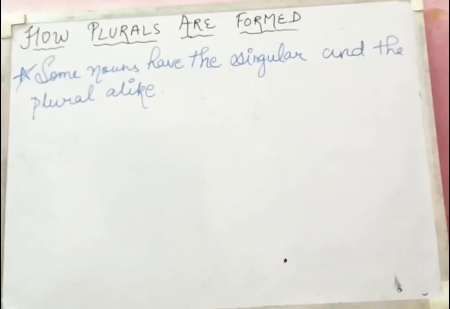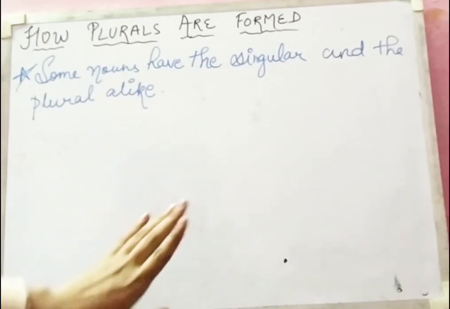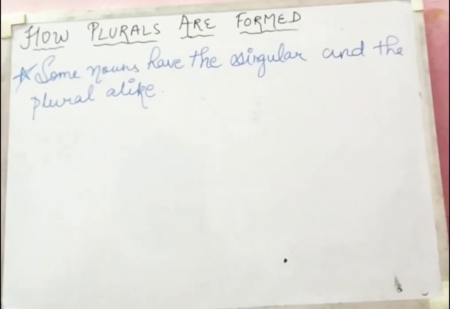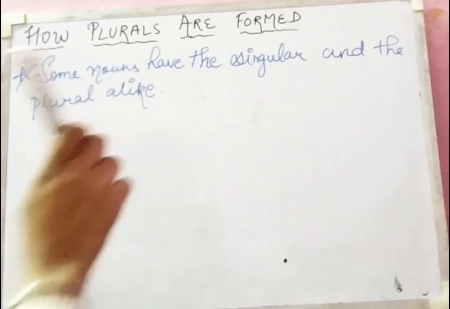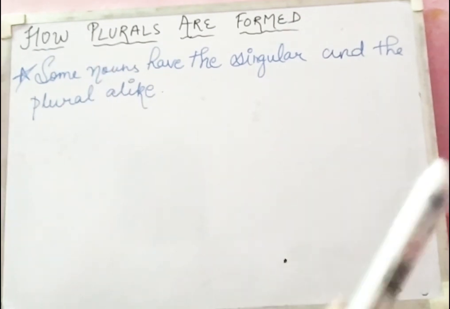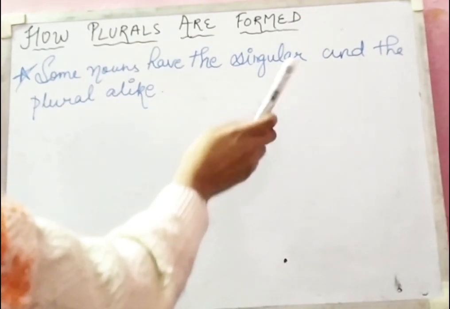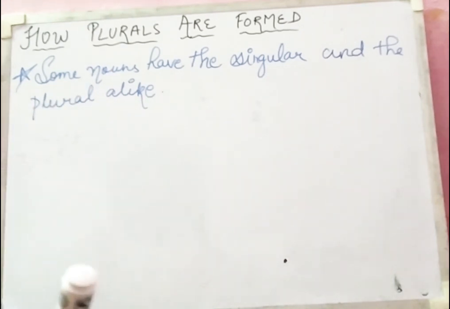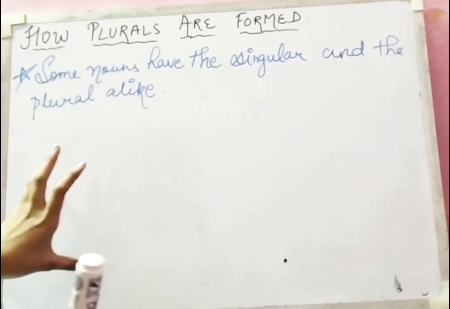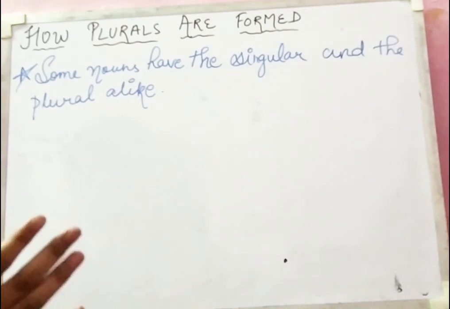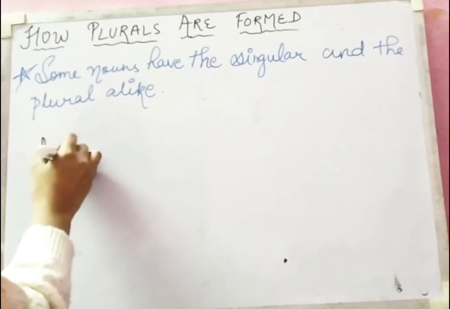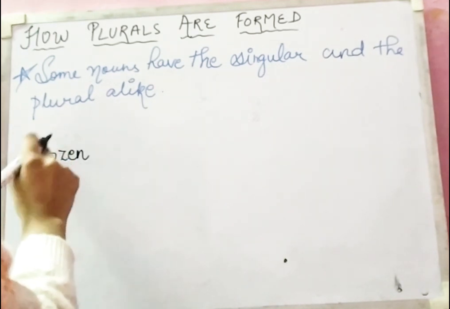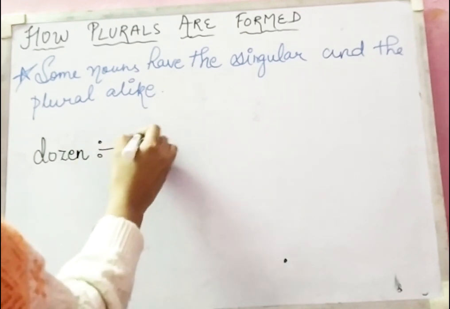Now this concept is saying that some nouns have the singular and the plural alike. Means singular and plural are both the same. There is no separation in both of them, that singular is one and plural is two. In this main point, I am giving you some example, that is, you can say dozen. You all know dozen is 12.